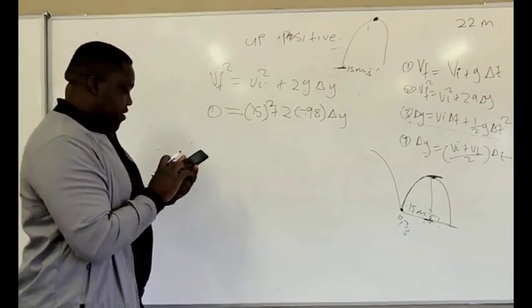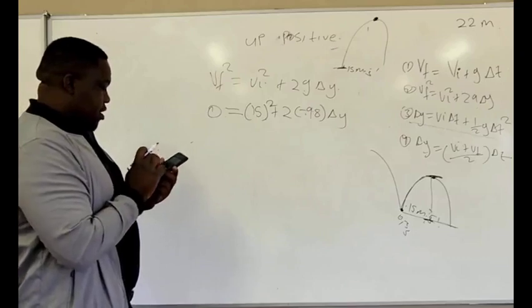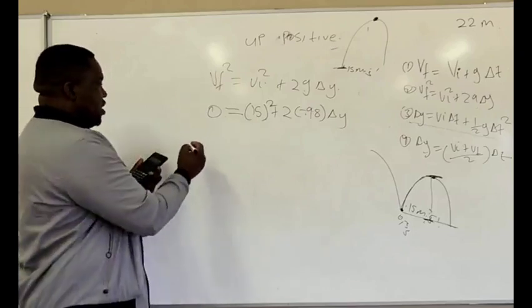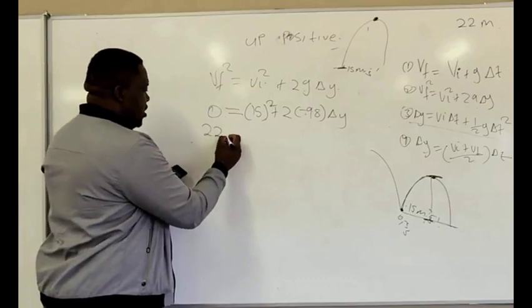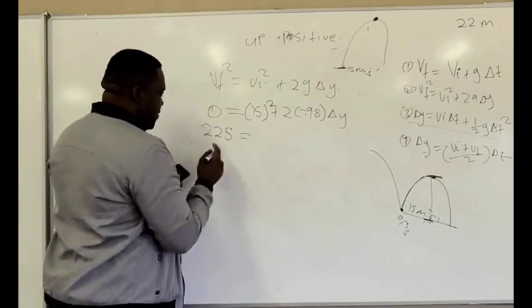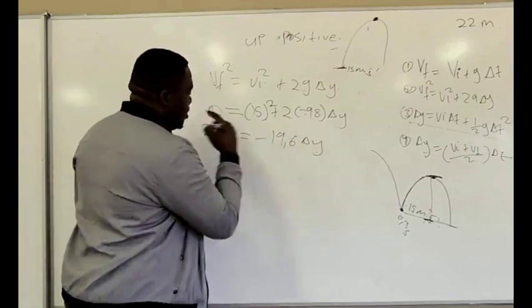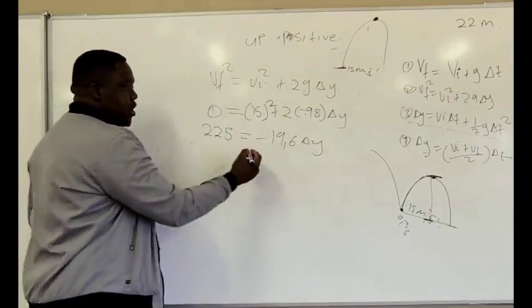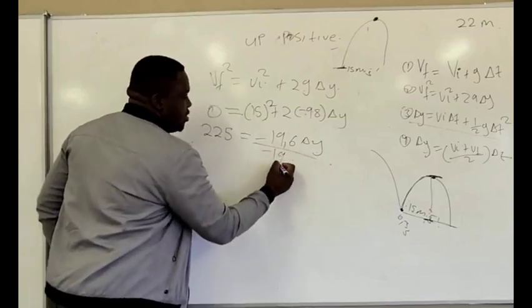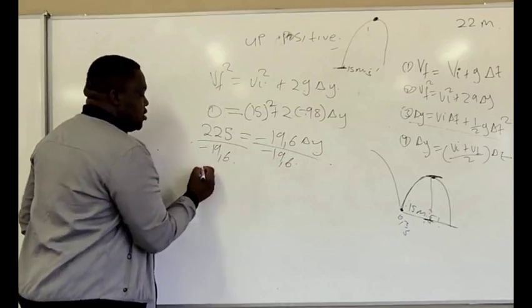There we are going to have 15 squared, which will give us 225. Yes? 225, that will give us negative 19.6 delta y. I'm sorry I wrote 15 here. It is squared. Then we have negative 19.6. We divide by negative 19.6.